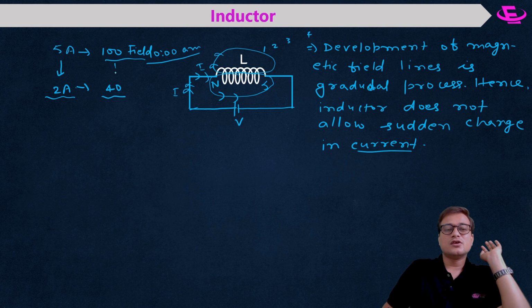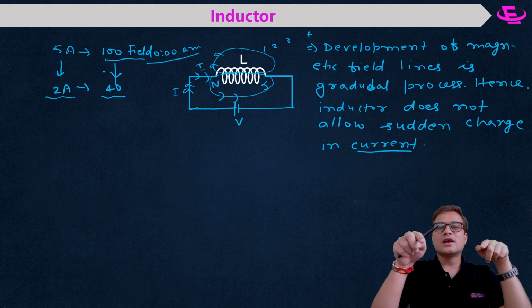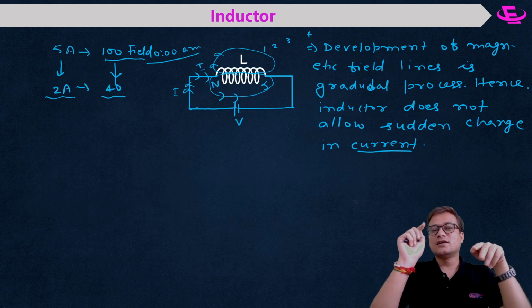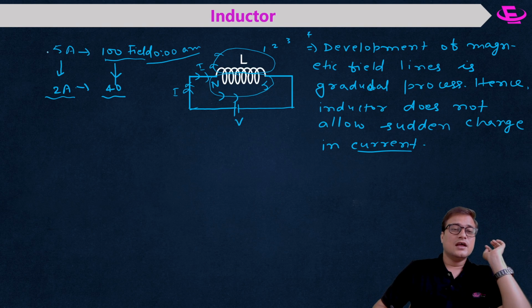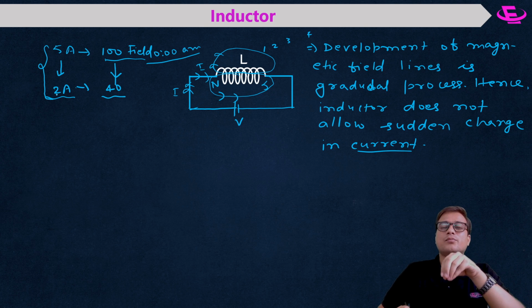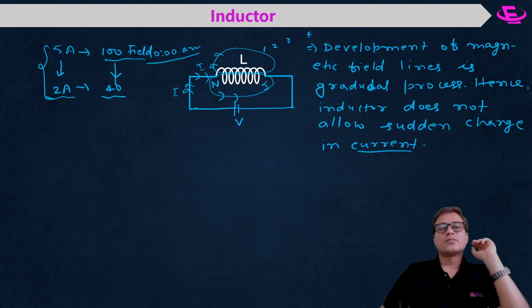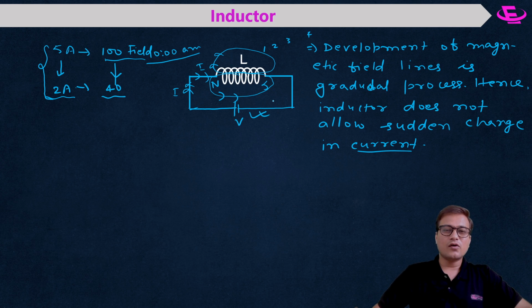But from 100 to 40, again it will take time. Hence, the change of current from 5 ampere to 2 ampere will also take some time. That's why you can say inductor does not allow sudden change in current. So this is all about inductor and inductance. I hope you can very easily answer in the interview why an inductor does not allow sudden change in current.